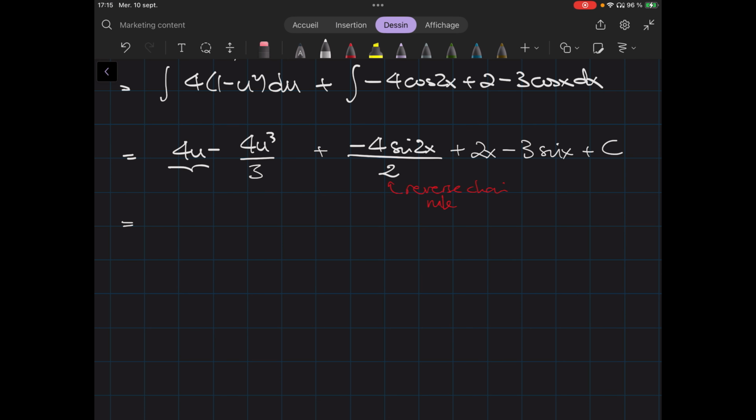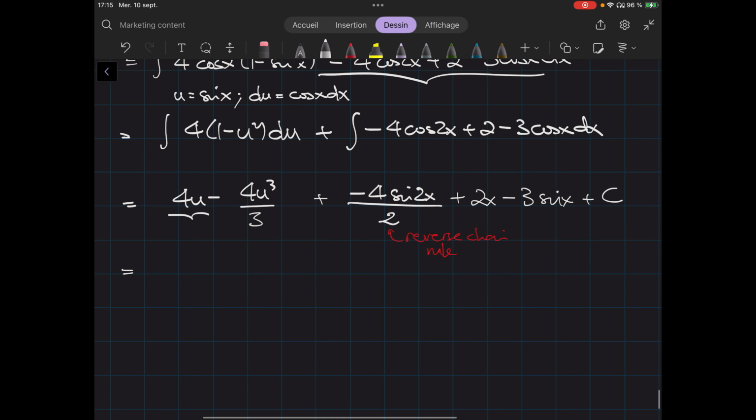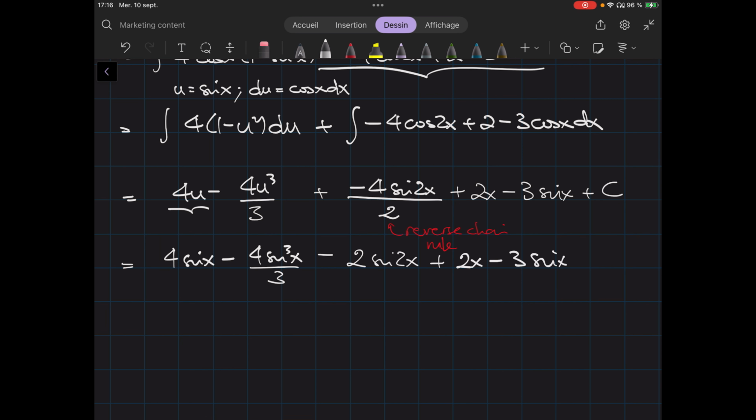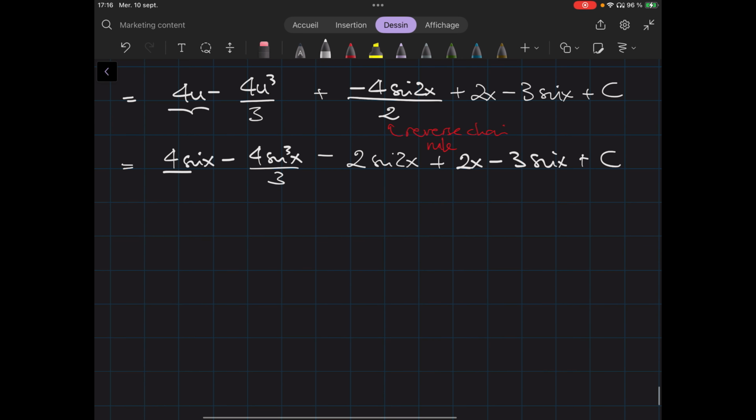And now I'm going to substitute the u with sine of x. Minus 2 sine of 2x plus 2x minus 3 sine x plus c. Therefore, we will get the printed answer.